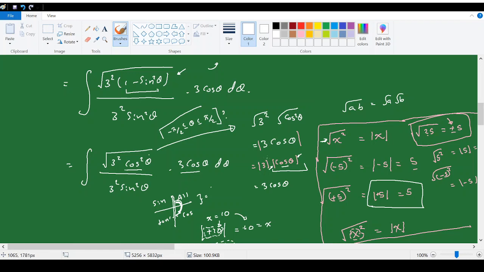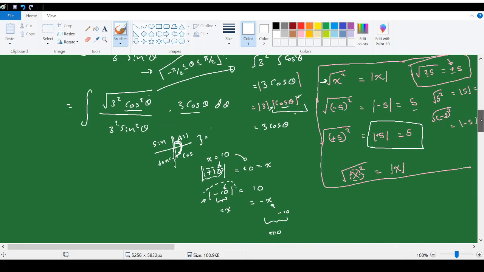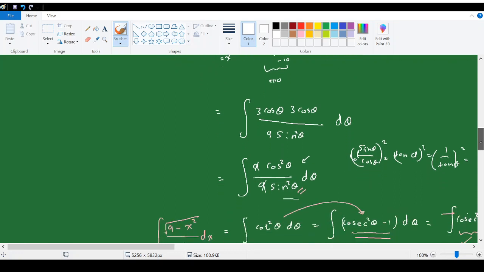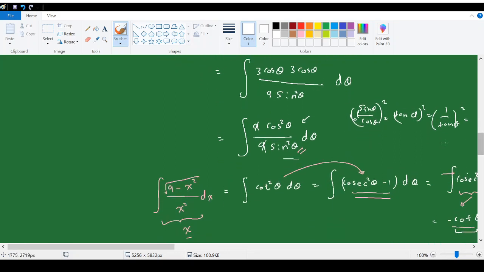So to get rid of this modulus term, we make use of this given angle range. And once we get rid of that modulus term, then the remaining trigonometric terms will be easily simplified, right?